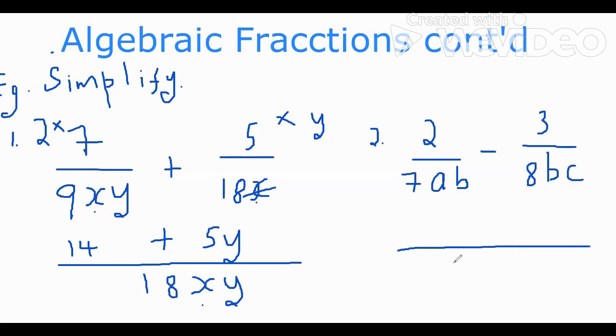So 56 would be the denominator. Is she correct? 56AB, yes, she is. So then you'll write ABC beside the 56.